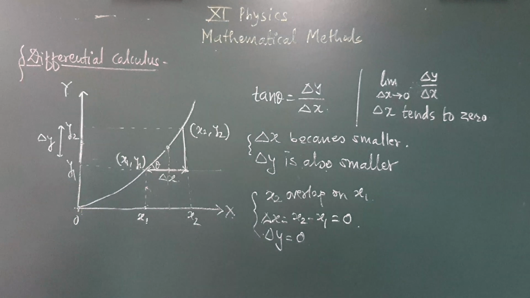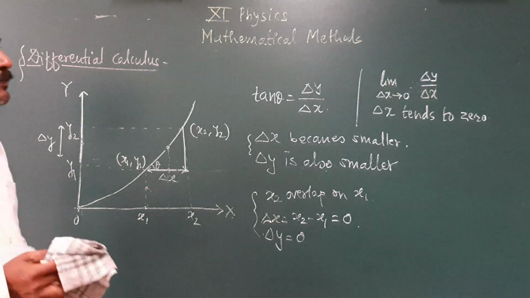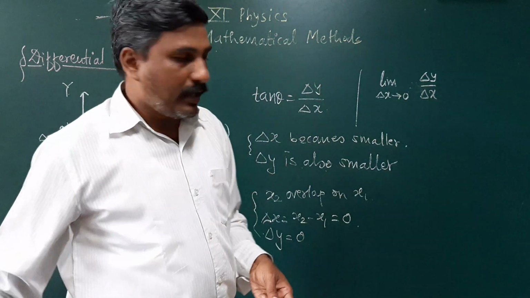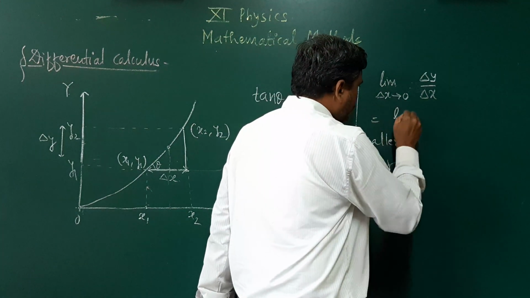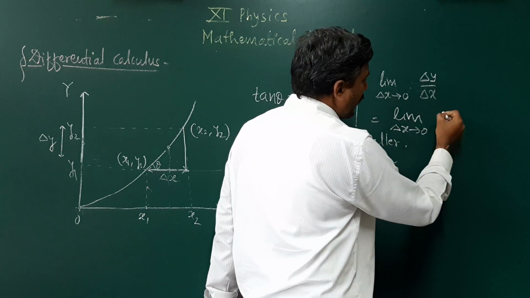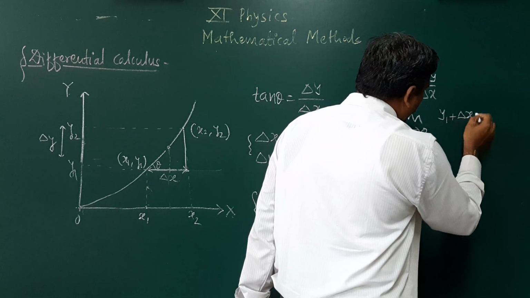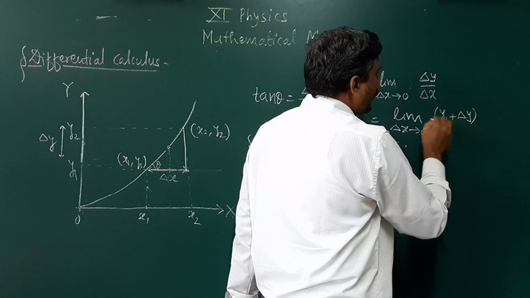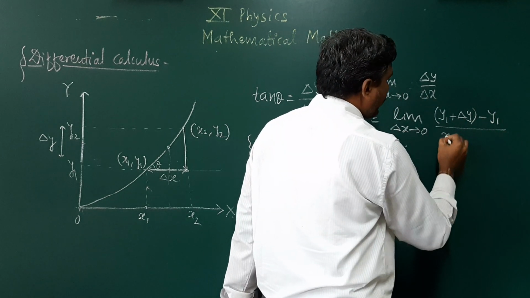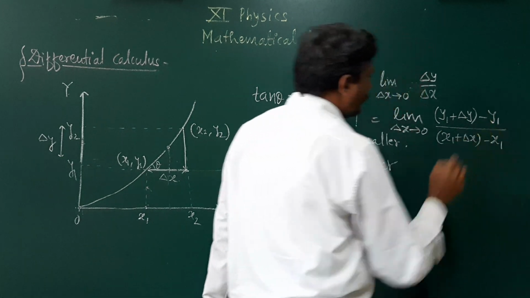That is explained in terms of limits, and we can explain the same thing in this way. That is limit delta x tends to 0, delta y by delta x. This is equal to limit delta x tends to 0, delta y means what? y2 minus y1, divided by x2 minus x1.